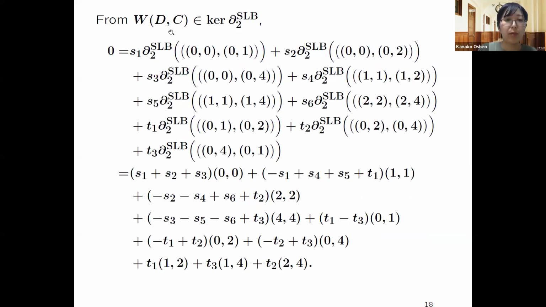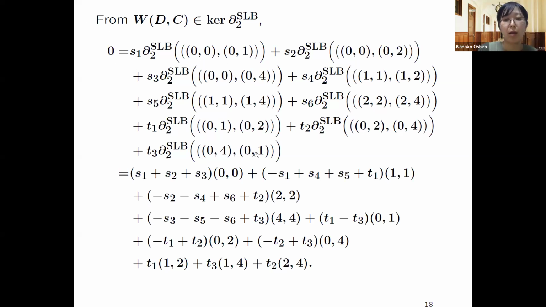Since the sum of the weight is an element of the kernel of the boundary map, the boundary map of WBC should be equal to 0.